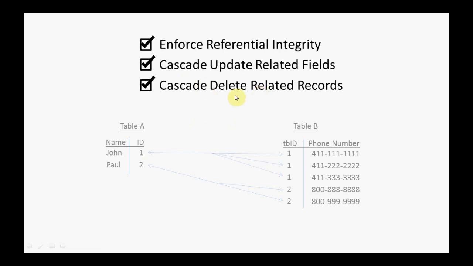But if I have Cascade Delete related records selected, I can delete Paul and it'll say, do you want to delete all related records? And then it'll delete all of these records for me. So I usually use all three: Enforce Referential Integrity, Cascade Update related fields, and Cascade Delete related records.